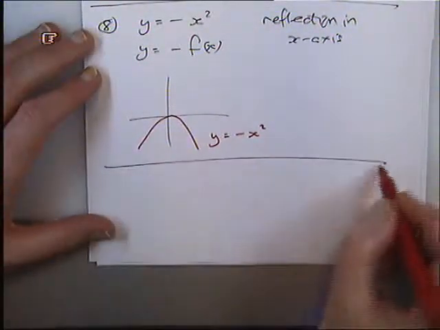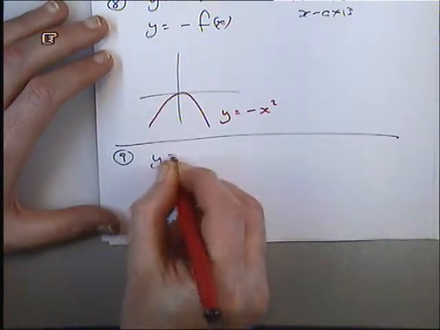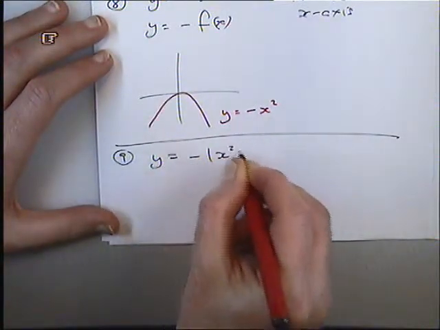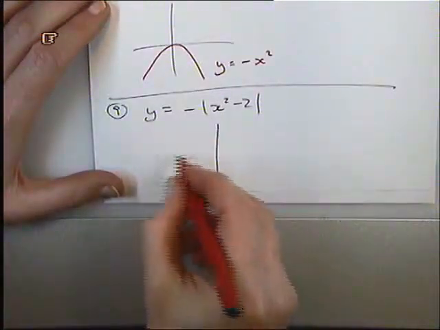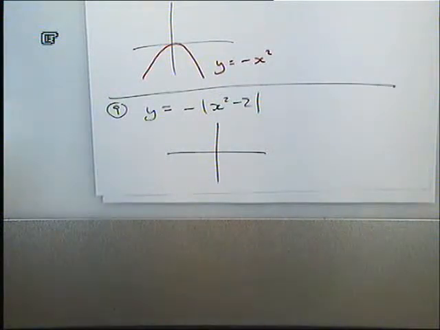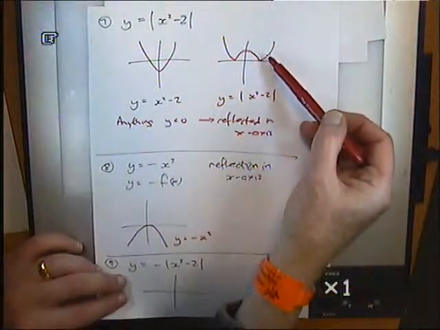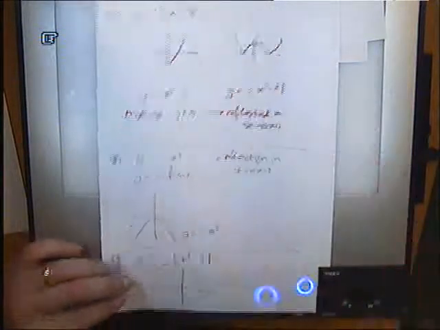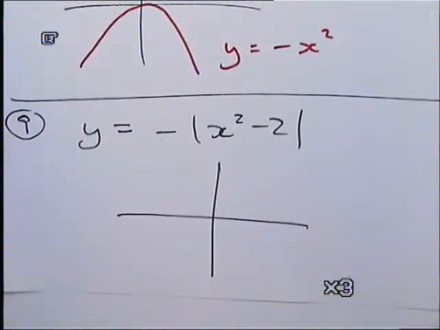for the next one, can we just have a go at what this one will be? We have just done earlier on that without the minus sign, which gave us that one up there. So if I put a minus sign in front of it, what's that going to look like?